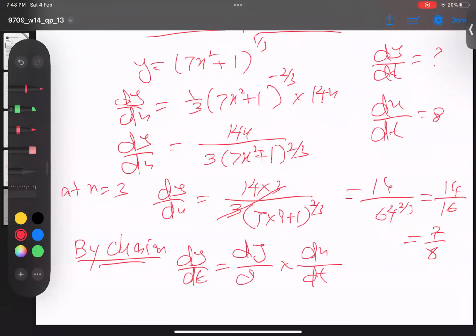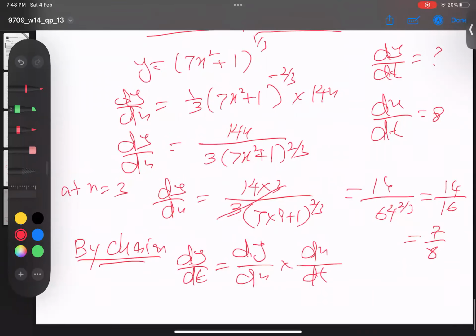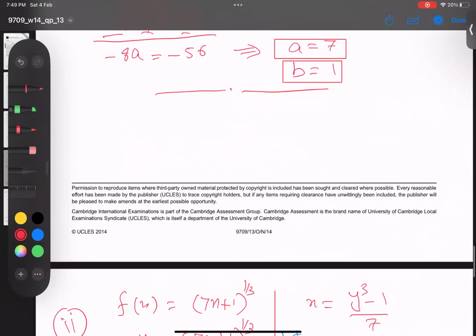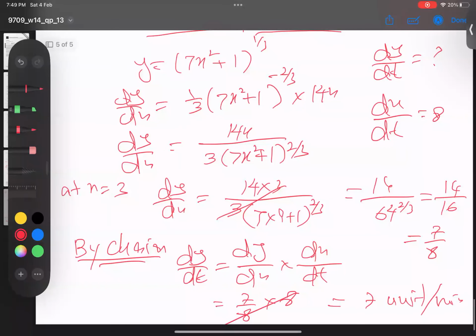This value is coming from here, 7 by 8, and dx by dt is 8 from there. It cancels, giving 7 units per minute. Let me recheck again, what units is he asking for? Yes, units per minute. So Alhamdulillah Rabbil Alameen, this point is completely over, and I believe you got our concept.